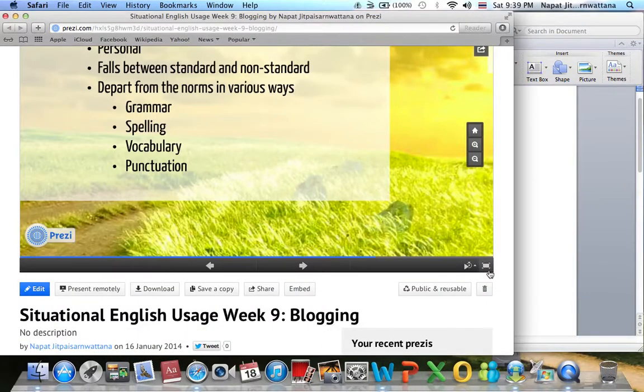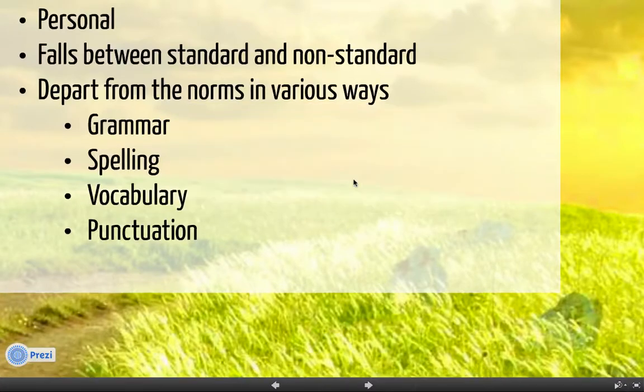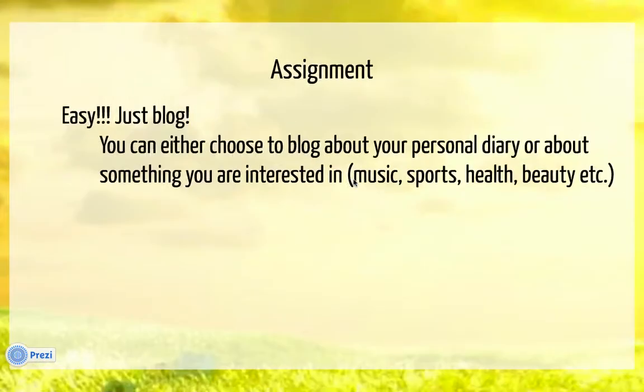So the assignment that I'm asking you to do is very easy. You basically just blog. You can either choose to blog about your personal diary or choose to blog about something that you are interested in: music, sport, health, beauty. This is what they call a thematic blog, if you watch my video. There are other types of blog, but I think these two types are suitable for the assignment for this subject in particular.